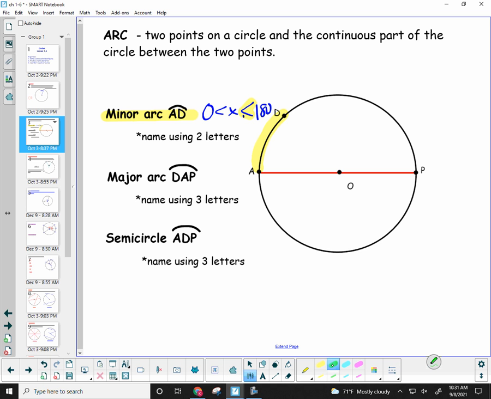A major arc is named using 3 points. It's kind of like a road map. So this says major arc DAP, starts at D, goes towards A, ends at P. So DAP would look like this. That's major arc DAP.